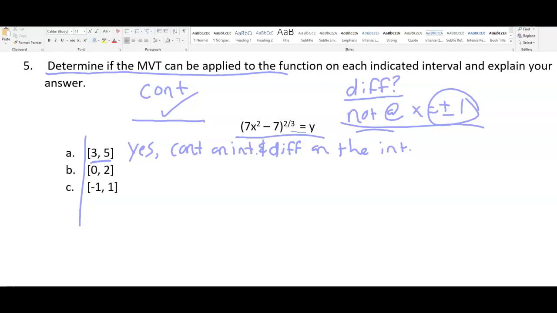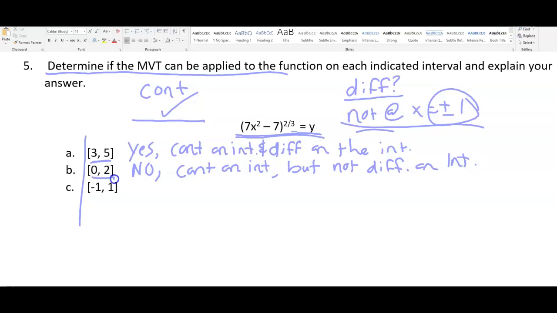On number 2, the answer is no. It's no because even though it is continuous, because as we said before, this function is continuous everywhere, it's not differentiable on the interval. Why is it not differentiable on the interval?